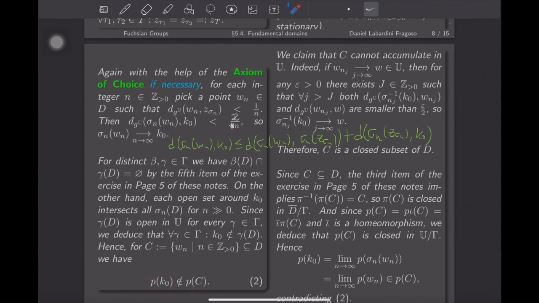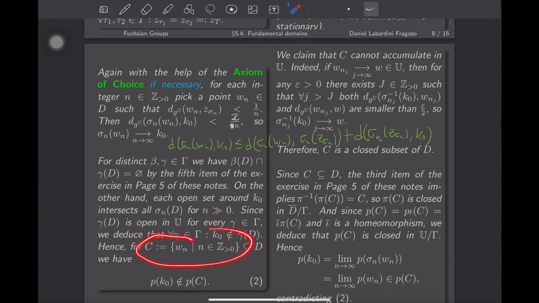Now, this one cannot accumulate in the hyperbolic plane. Why? Well, suppose this one accumulates in the hyperbolic plane so that I can extract a sequence, actually a converging subsequence.